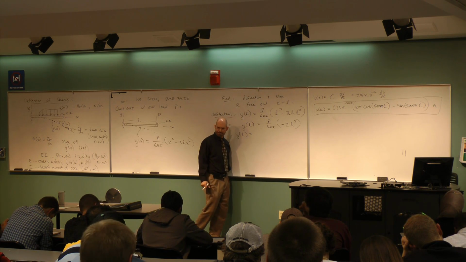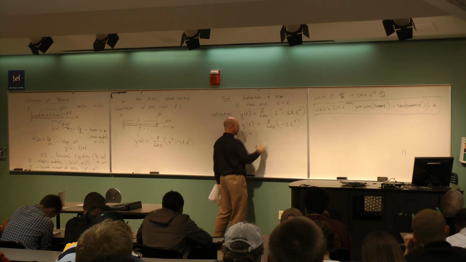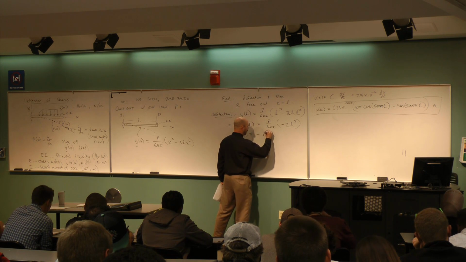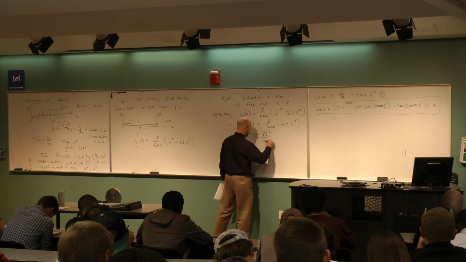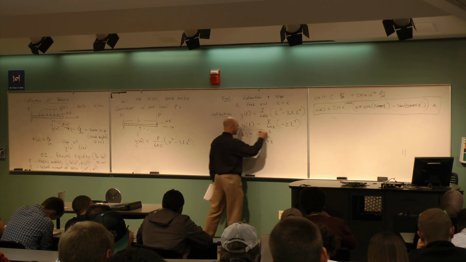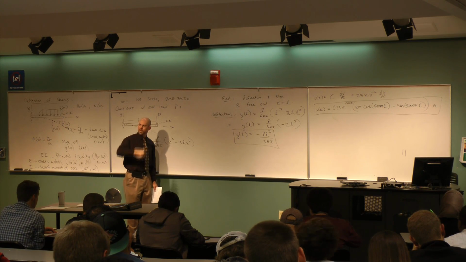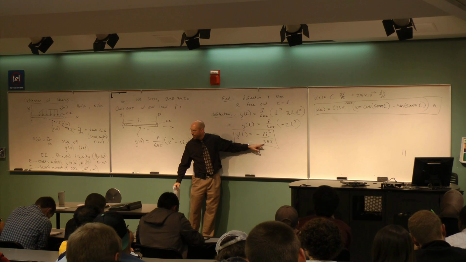Can I simplify that? The 2 and the 6, right? So I get minus PL cubed divided by what? 3EI. Okay. So when I put a load P on the end of a beam, the deflection is PL cubed over 3EI.